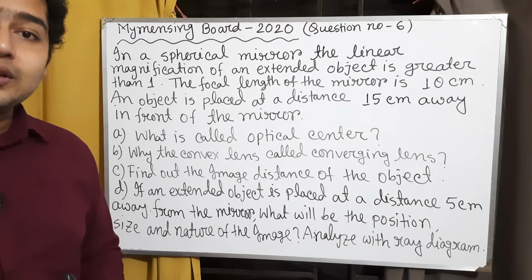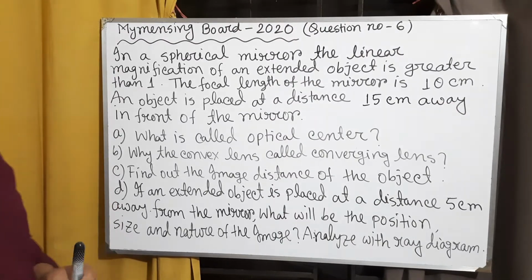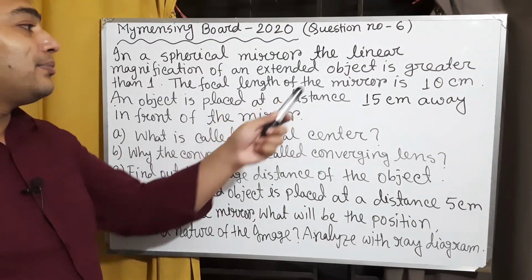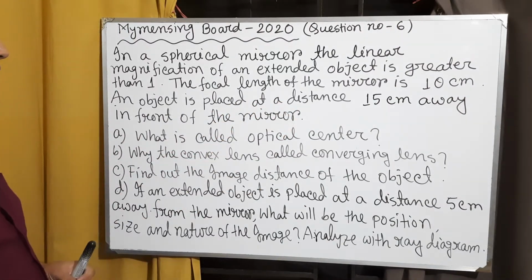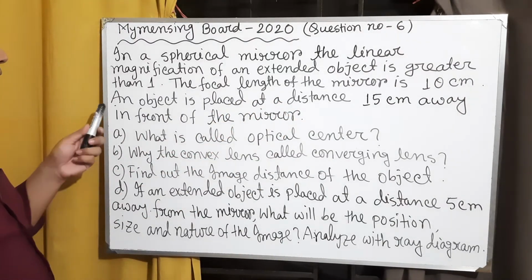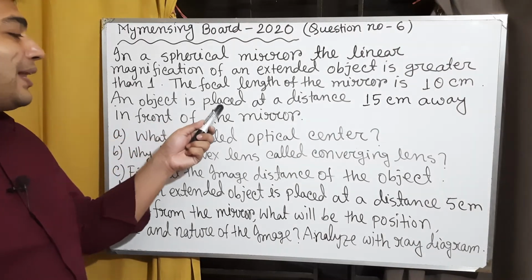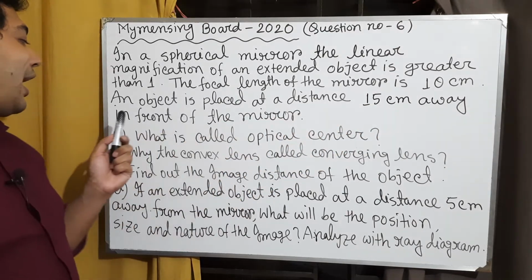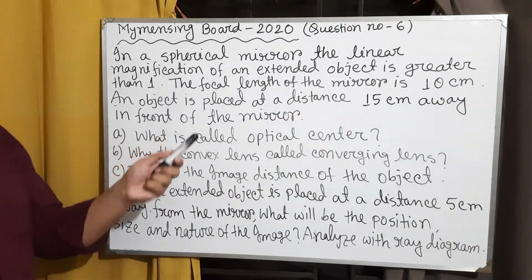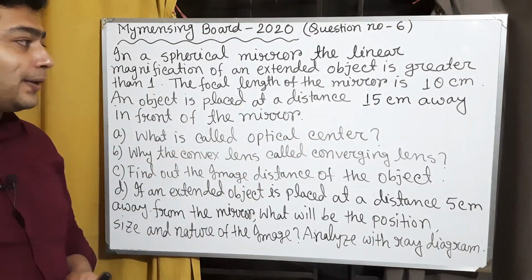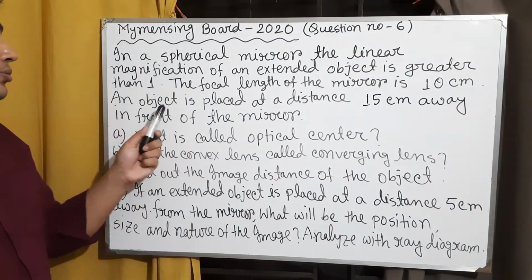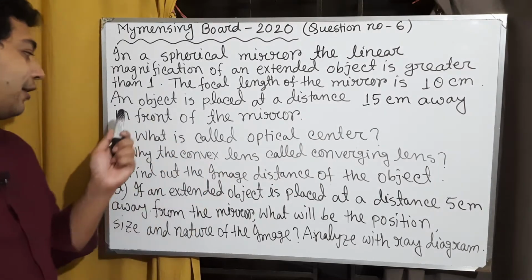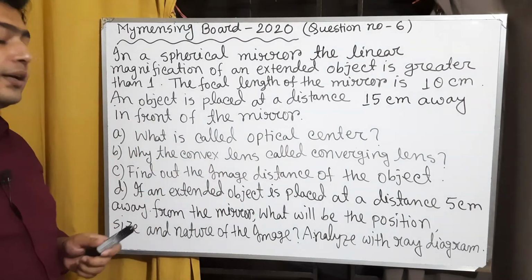The focal length of the mirror is 10 centimeter and the object is placed at a distance of 15 centimeter in front of the mirror.